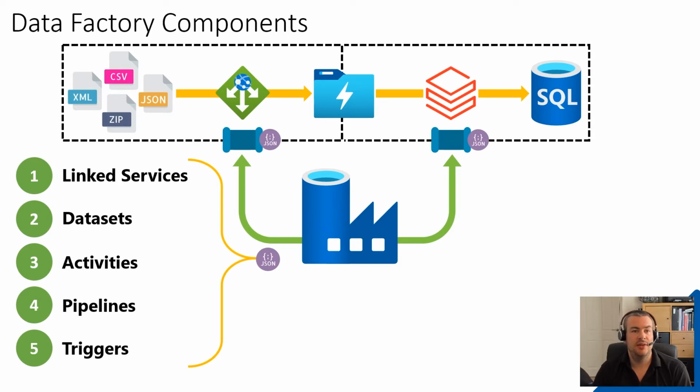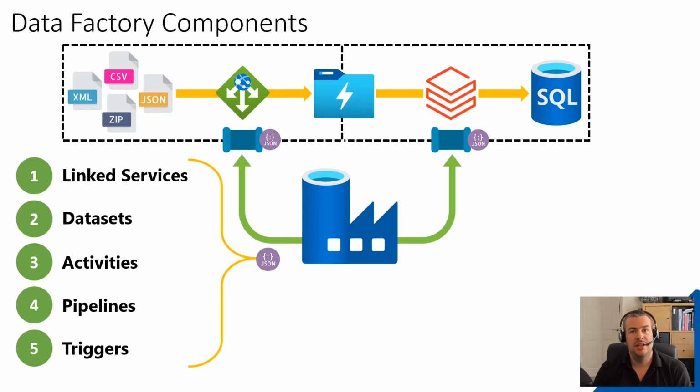As you can see in the visual here, I've put this dotted line around the activities that we've got. And the pipeline is just a logical grouping of those activities. It will allow us to control and put our activities together. We can put many activities within a pipeline, however we want to structure them really. We can call pipelines from other pipelines.